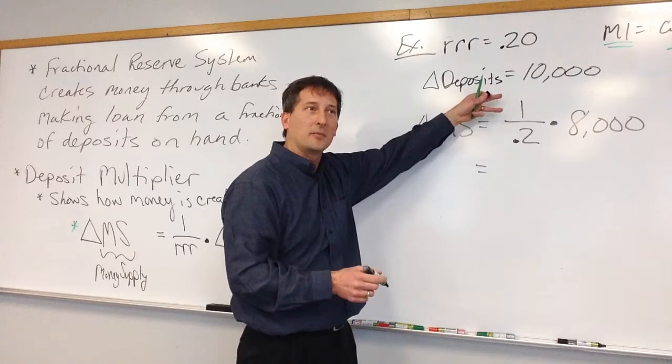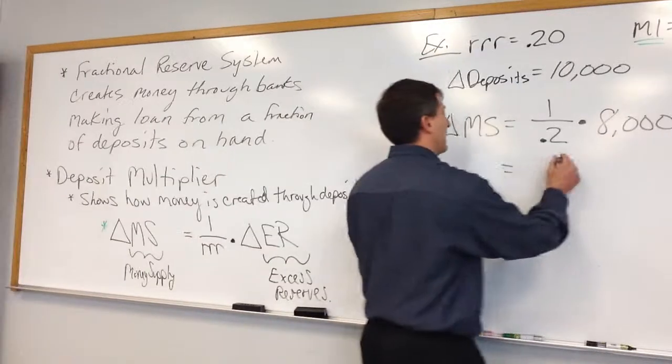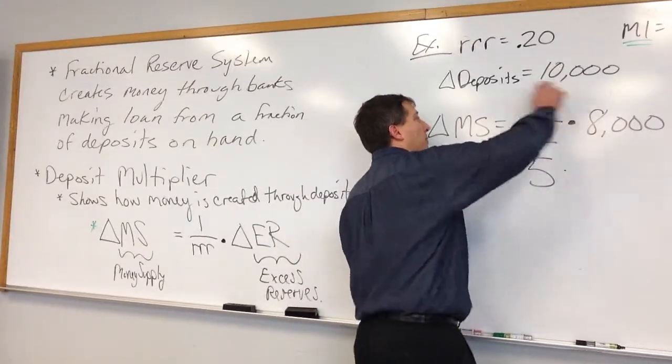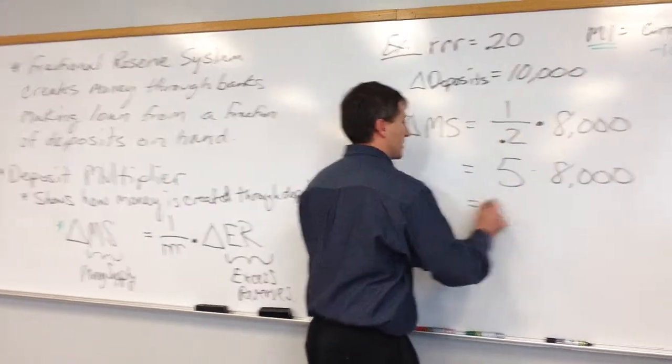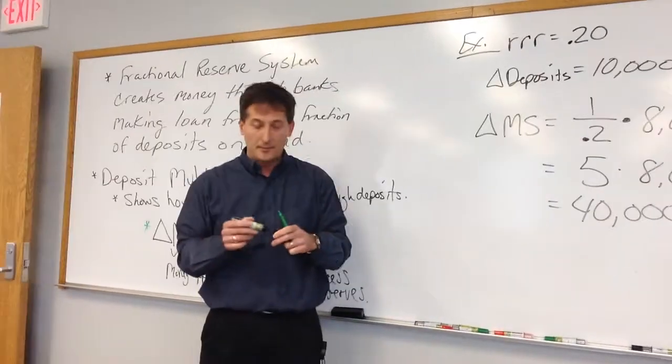Flip the denominator, multiply it times the numerator. 10 divided by 2 equals 5. The multiplier in this case is a 5. So we call this part the multiplier. 5 times the change in excess reserves gives us the $40,000 change in the money supply.